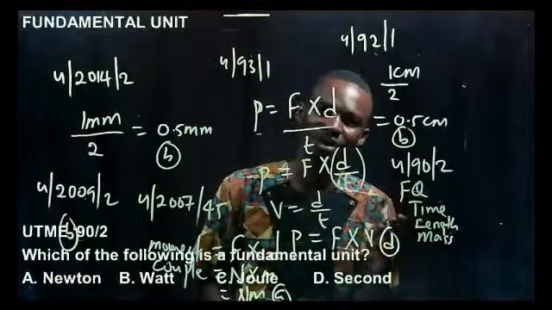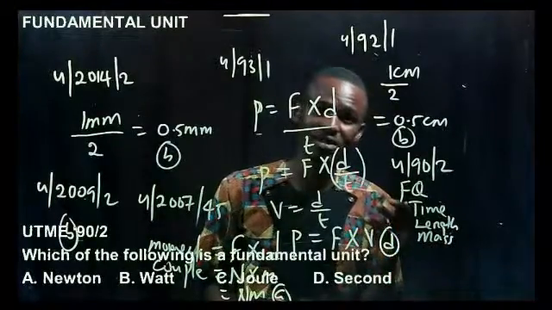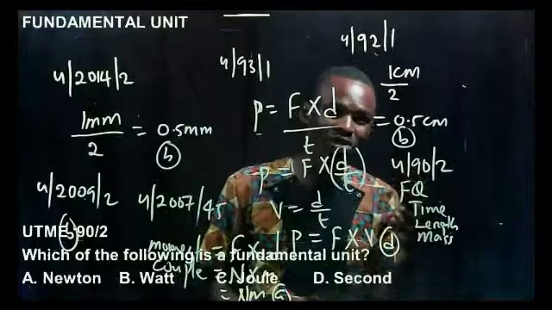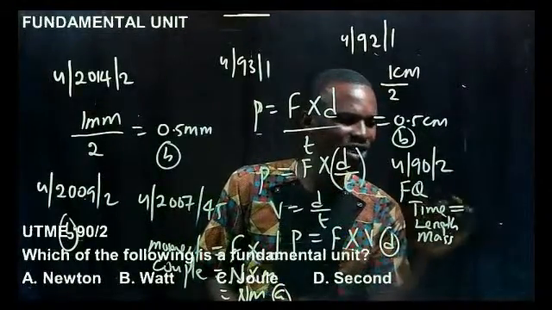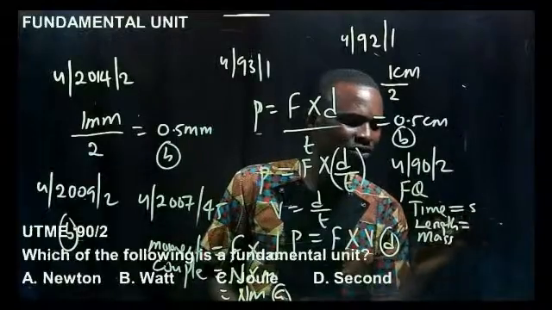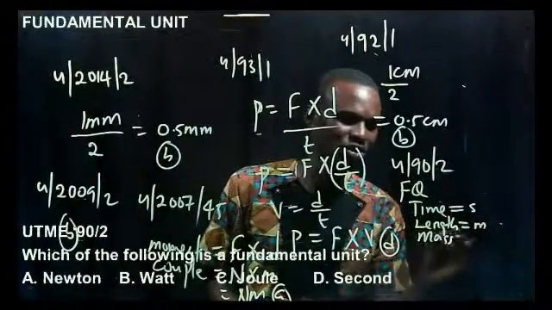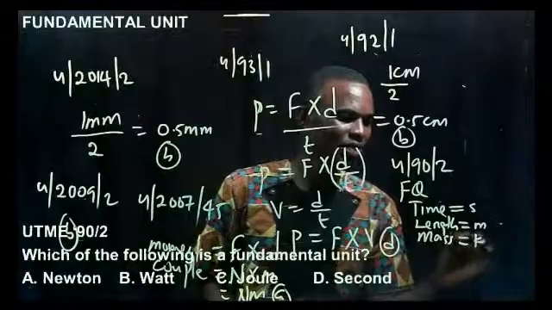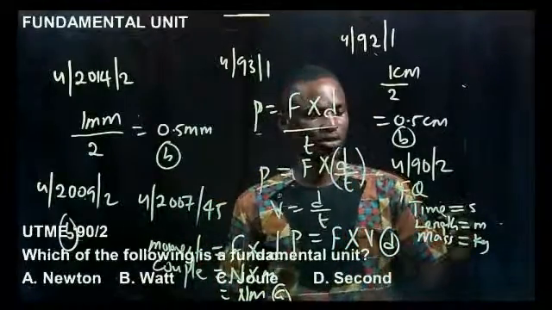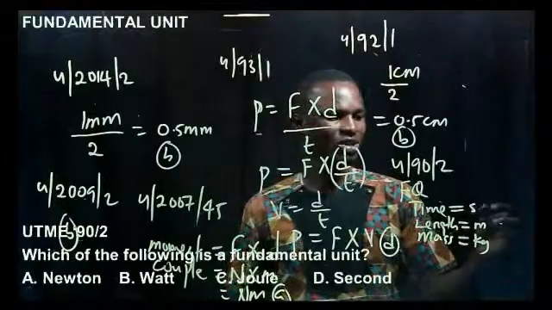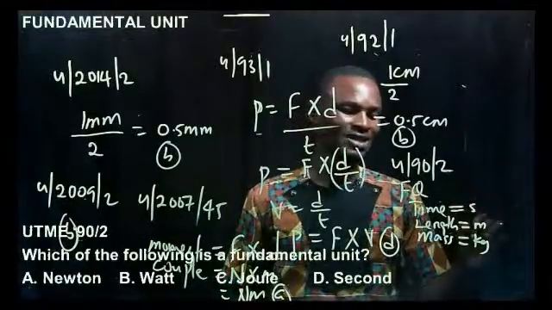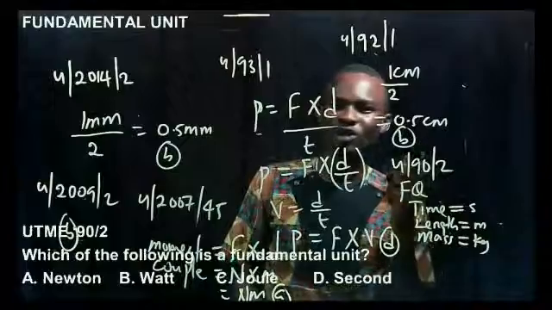Then we have current, luminous intensity, amount of substance and the like. 7 of them, but these are the basic 3. Now the unit of time is seconds. The unit of length, of course, is meters. The unit of mass is kilogram.